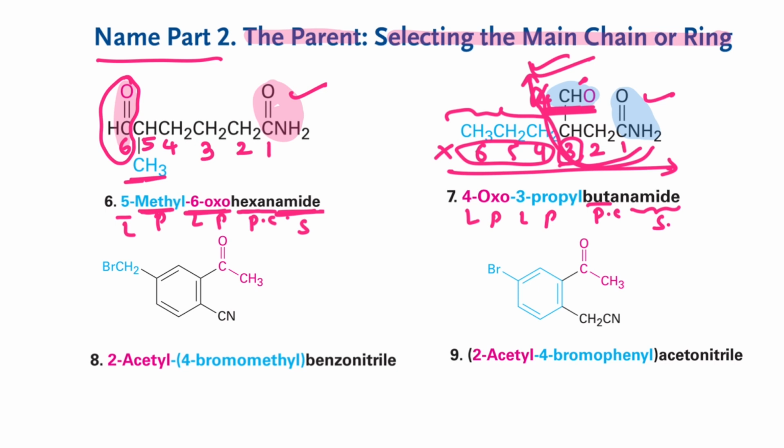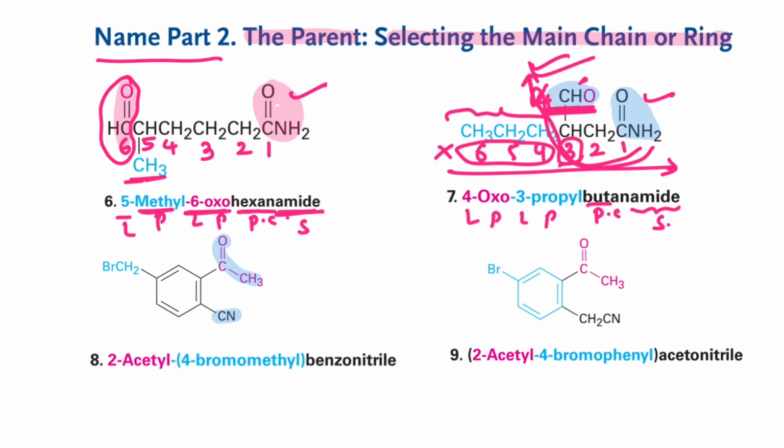Okay, with this we don't have any problem when there is more than one functional group in the open chain. Now we are going to select the parent carbon chain, ring or open chain. Now observe here: one is a keto functional group, one is a cyanide. Which one do we have to select?